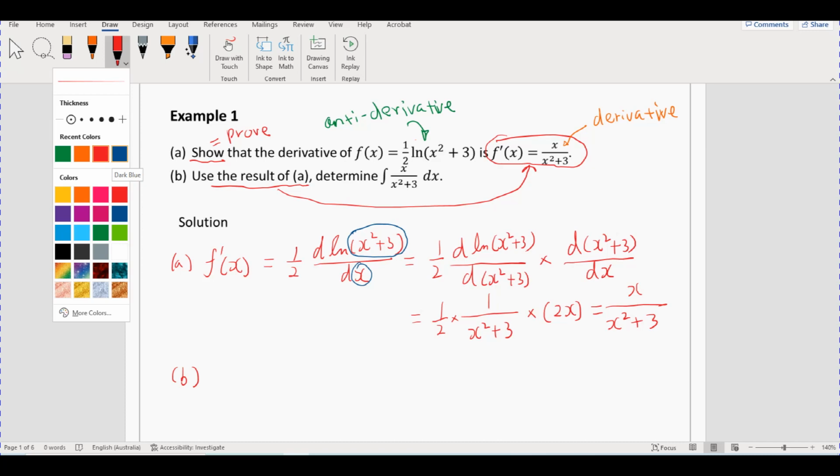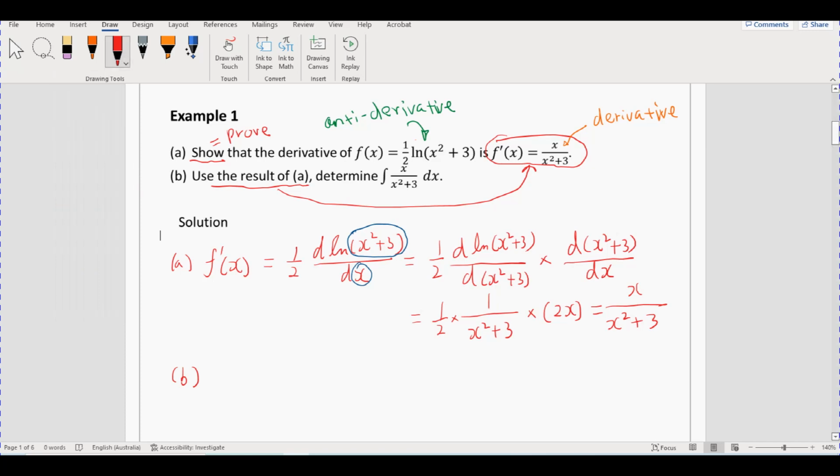It sounds like it's just forming a circle. You just go back to your original function. That actually is the case. If you think that way, that's no problem with me. So for part B, if I write this, that just means I'm integrating the derivative of f(x).